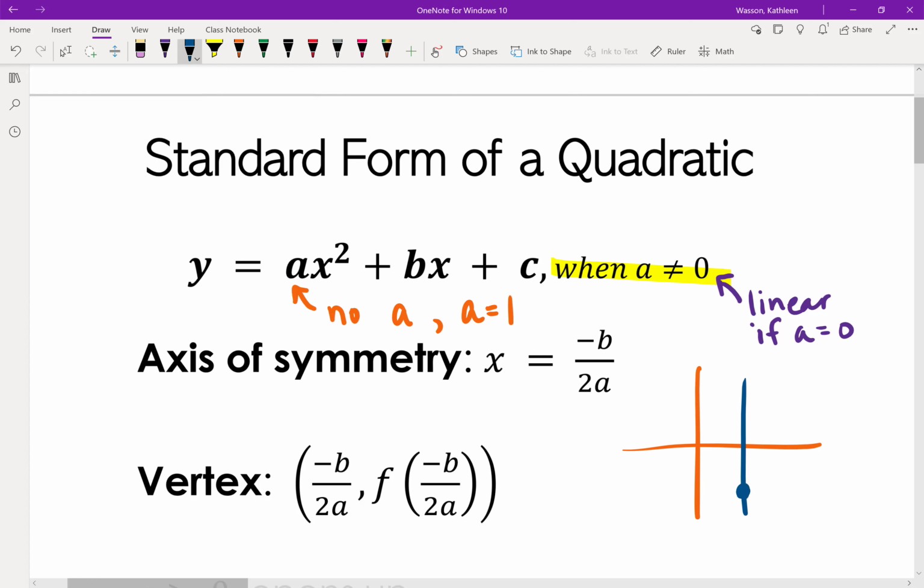And then I'll have a curve like this. The x part from my vertex will be the x that I use from the axis of symmetry. And then when I find y for this x, then I can plot my vertex.